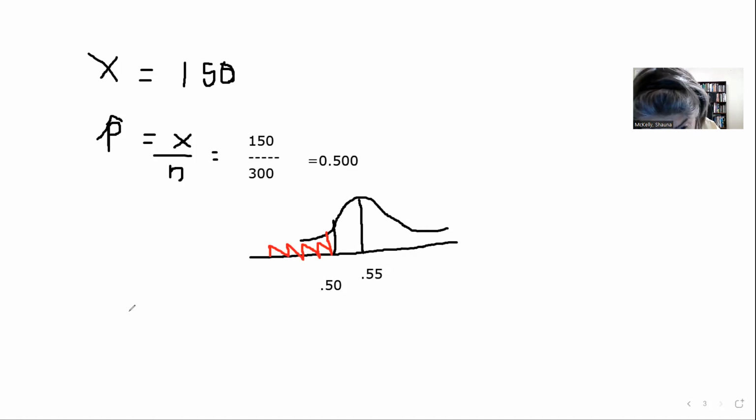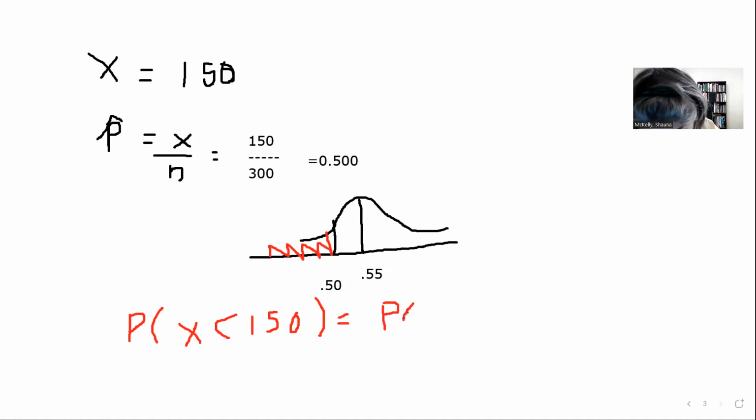So then that essentially tells us this, that the probability of X less than 150 is going to equal the probability of p hat, because that 0.50 that you see, that's essentially our sample proportion now.